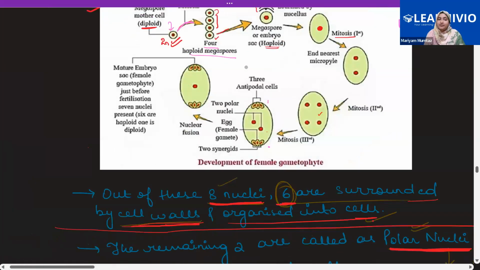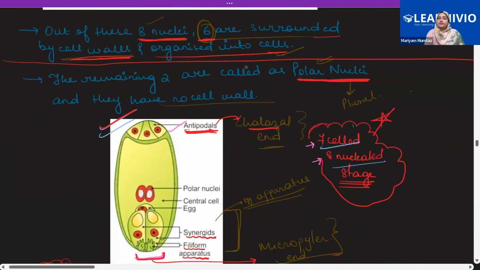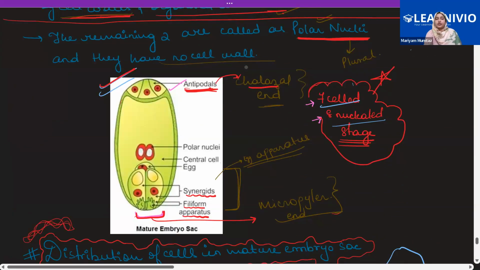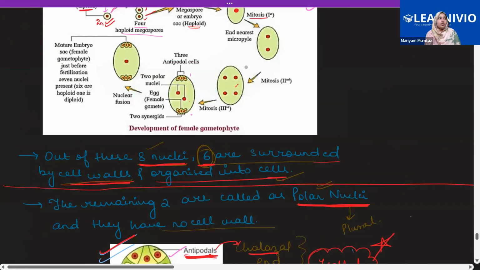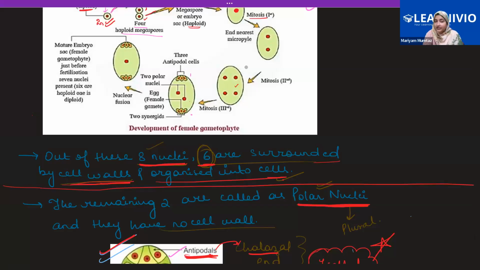Now let us see how that happens. Out of the nuclei present in the cell, there are eight nuclei. Six of them get surrounded by cell wall and they become cells.